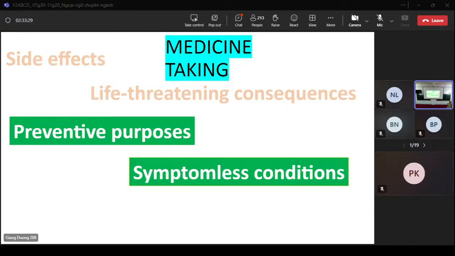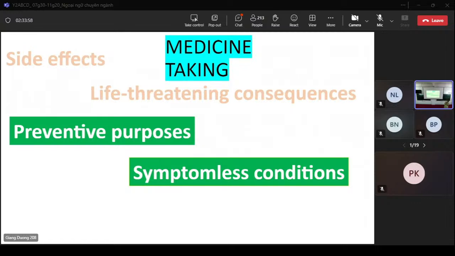Like 2 weeks ago, I've got the cystitis. You know, cystitis, inflammation of my bladder. And I took the antibiotics. It was terrible because I was dizzy. I've got headache all day. So those are the side effects of using the medication.